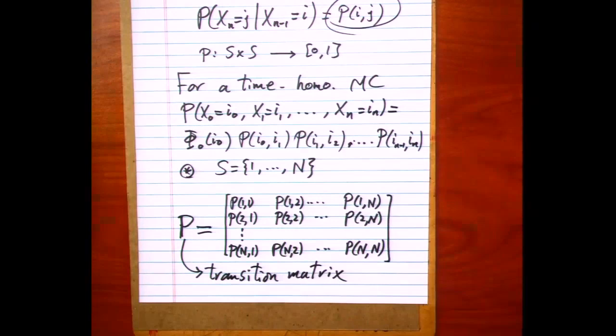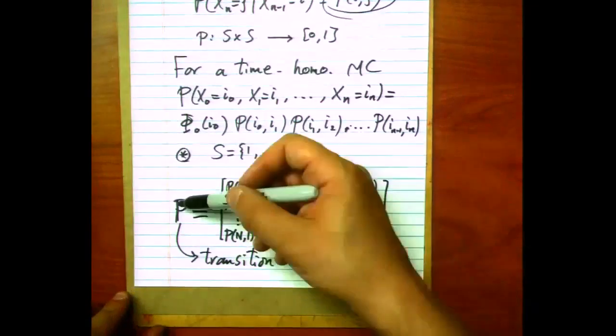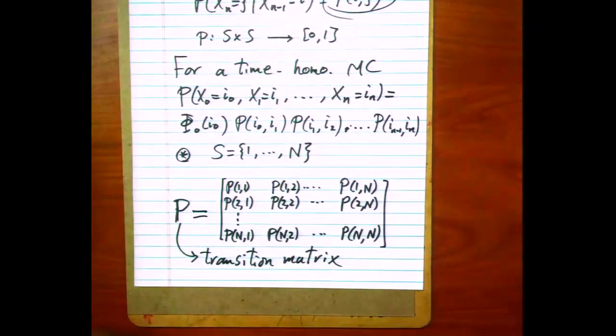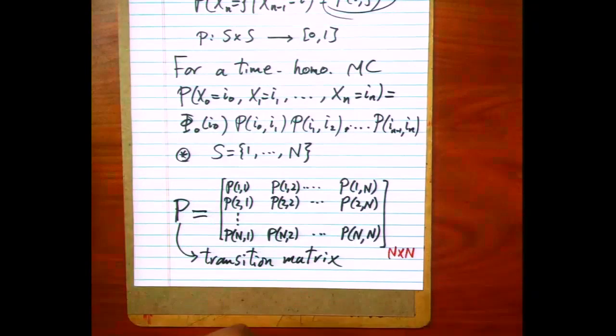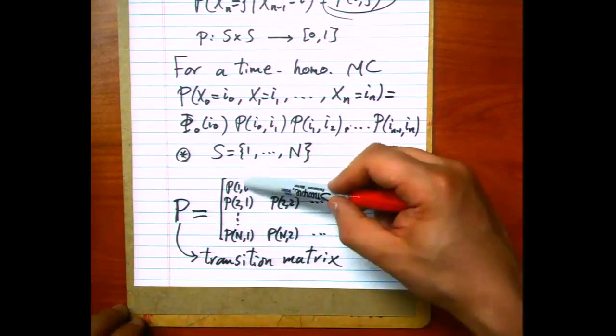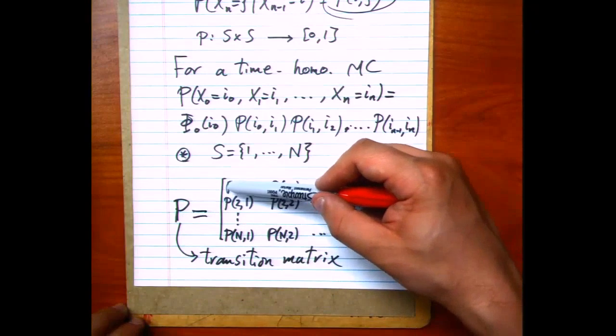Okay? We'll see that using matrices and linear algebra will make our life easier in calculations later. So just place all of them in a matrix, call this the P matrix, uppercase P, and call it the transition matrix. As you can see, it's n by n, n rows by n columns. The first cell gives you the transition probability from state 1 to state 1, which means the probability to stay in the same state after one step.